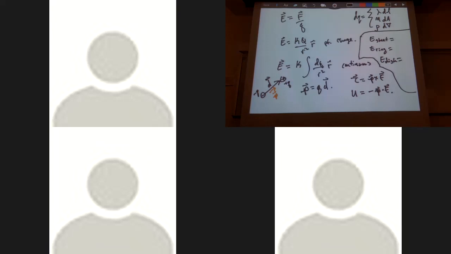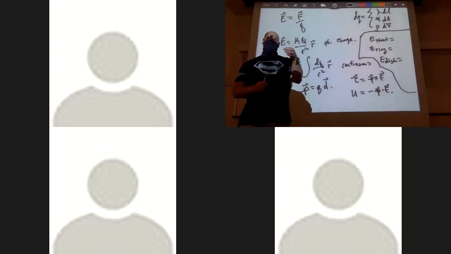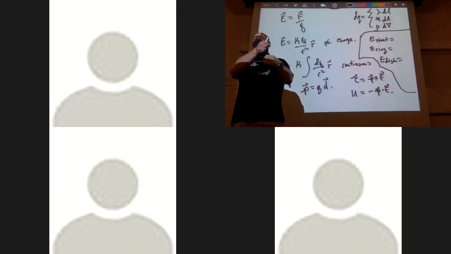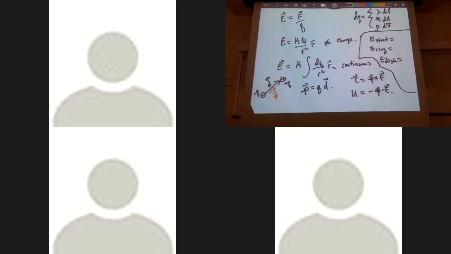So for example, as I was talking to one of you yesterday, if the problem was I had a charged ring and I put a charge above that and I want to know what is the acceleration that guy feels, if you didn't write down the electric field from the charged ring, that means you have to use this expression to find it. So now you have an extra 5 minutes to do an integral to figure that out where you didn't have to if you actually wrote it down.